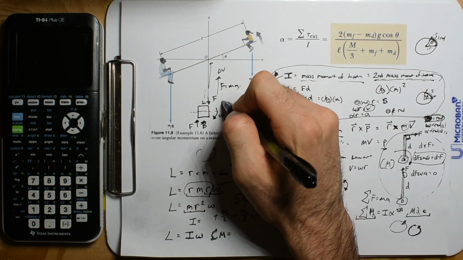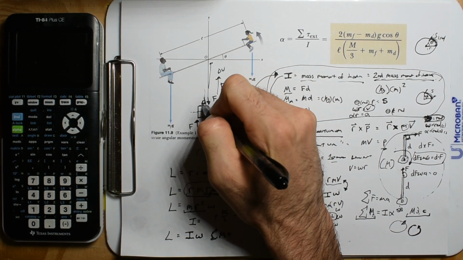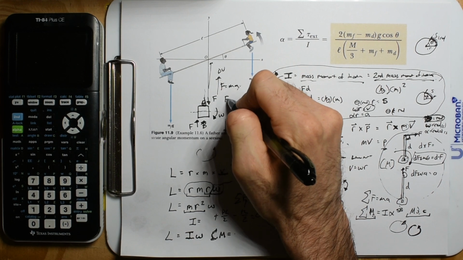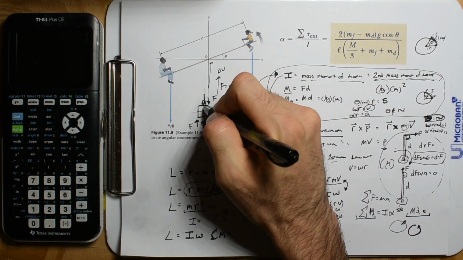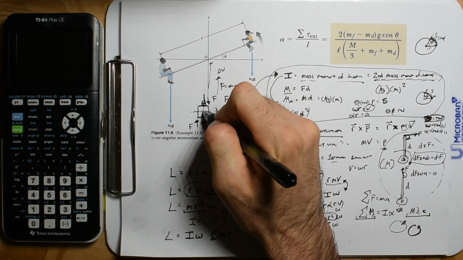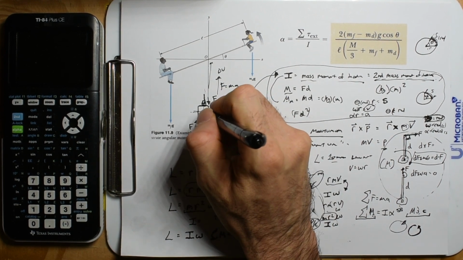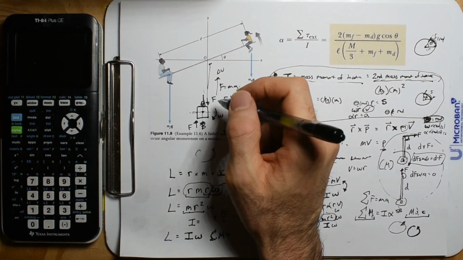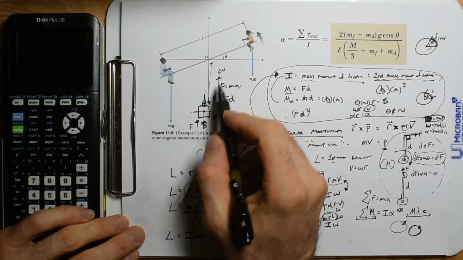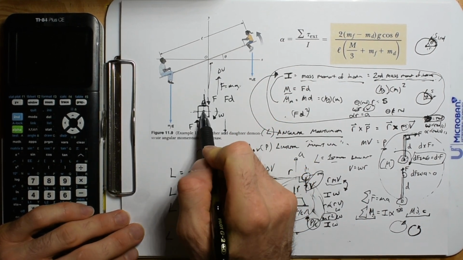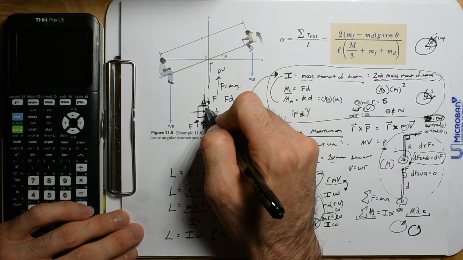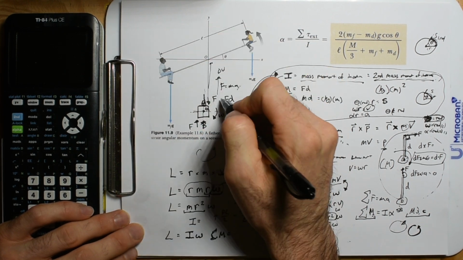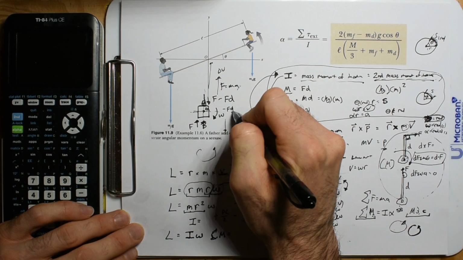If this is the distance of this side, your couple is just one of the forces times d. Let's divvy it up in 2. If you're pinning it in outer space at the center of mass, this force is over half the distance, d divided by 2, and it's negative with the right-hand rule, so negative force d divided by 2.